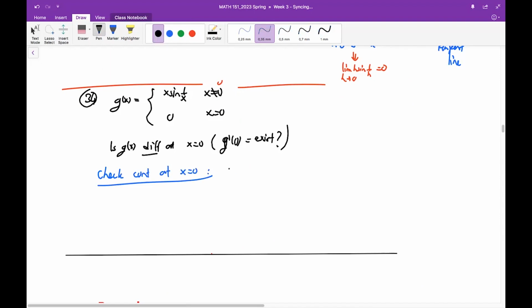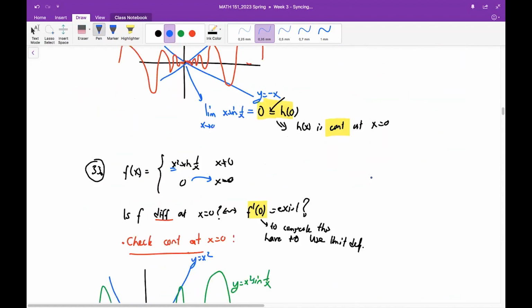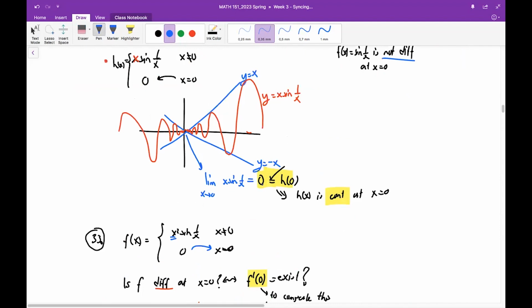How do you check that? You compute the limit of this function as x goes to 0. I will use this part of the definition because x never touches 0 here.